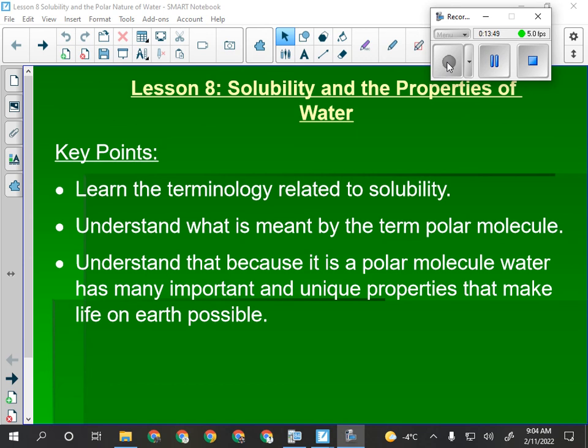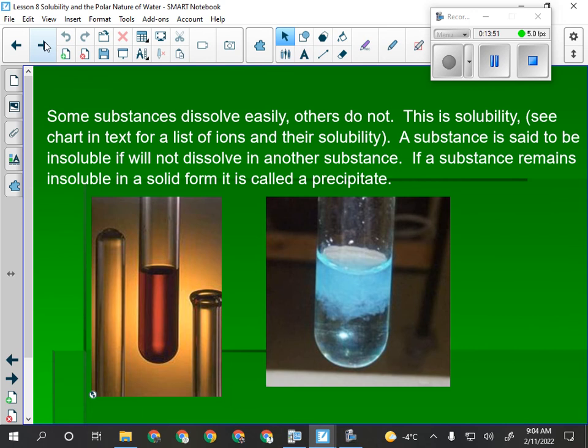Okay? All right, so for the start of this, some substances dissolve easily and some don't. We know that. We've all mixed stuff together before and seen things that do dissolve and things that don't. If you've ever mixed oil in water or put butter in water, it doesn't dissolve. You can get it to float on the top.